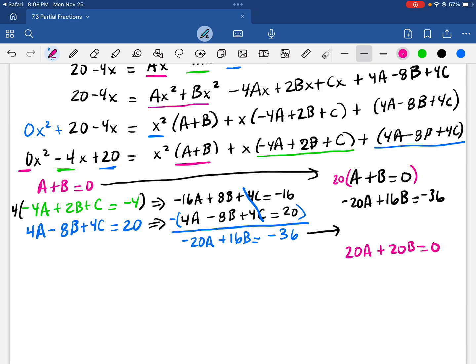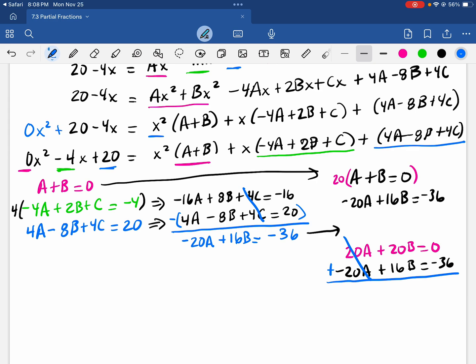And we'll drop that second one right below it. Okay, now that I've done that, I can add the two equations together because they have different signs. One is positive, one is negative.